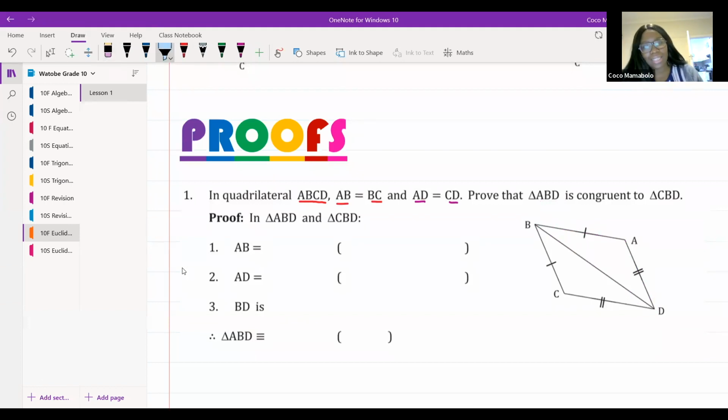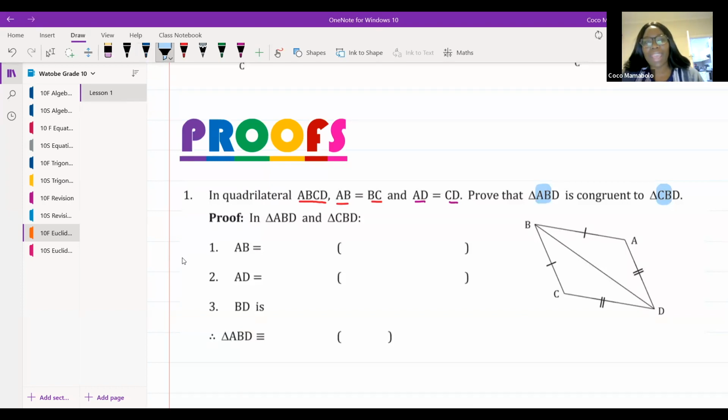And what that tells us is, when I'm looking at my two triangles, AB, the first two letters in this triangle, must be compared to the first two letters in the second triangle. So that must be compared to CB or BC. It doesn't matter in which order we write it.